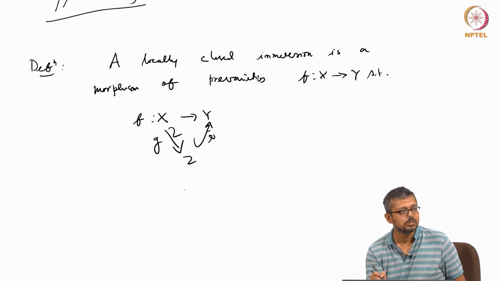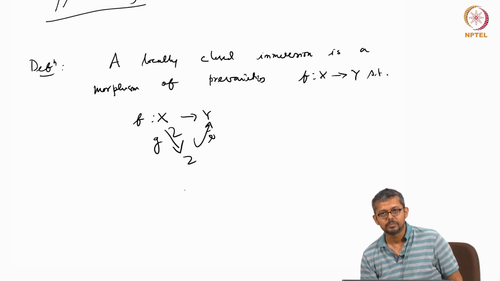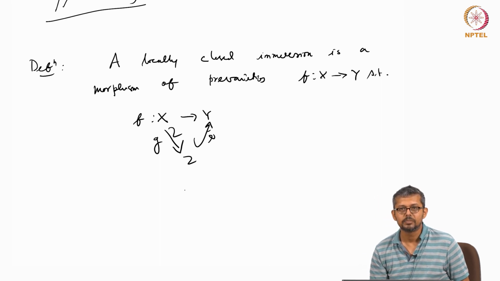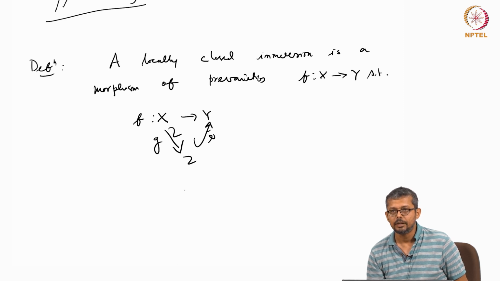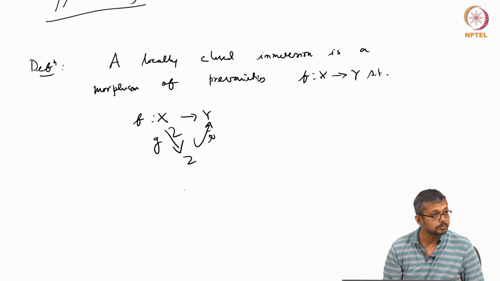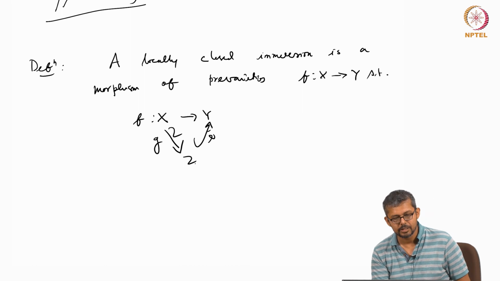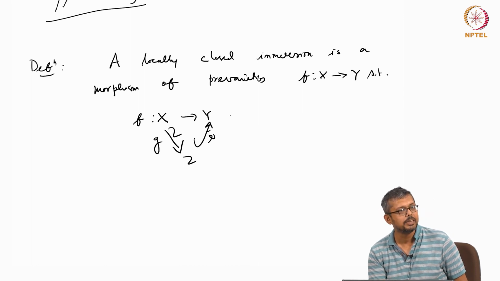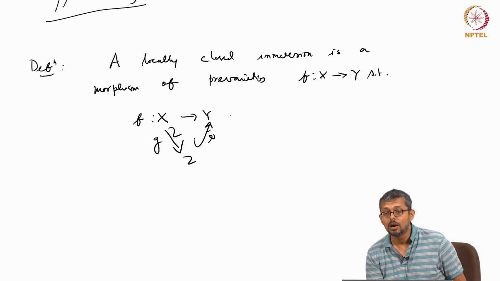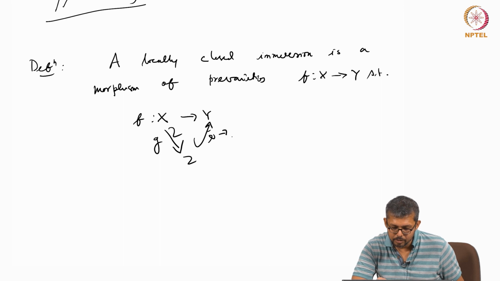You say it is a closed immersion if Z is closed. Right? Because it is an isomorphism and Z is an inclusion. So it has to be injective. Yeah, this is inclusion.